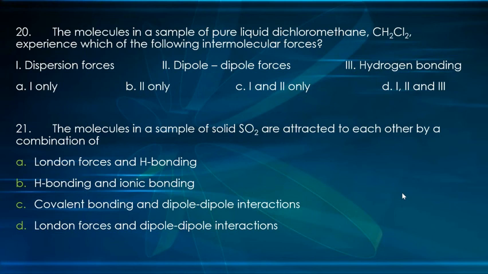Sulfur would be bent, angular. I prefer to say angular. So the sulfur would be angular shape. That means it's going to have a dipole. It does not have hydrogen in it, which is kind of key to having hydrogen bonding. So it can't be any one of the choices with hydrogen bonding. And if it's a molecule, it always has London dispersion forces. So D is the correct answer.